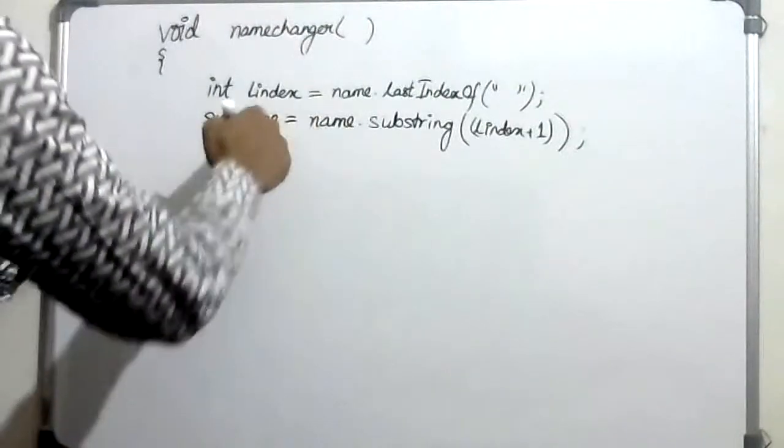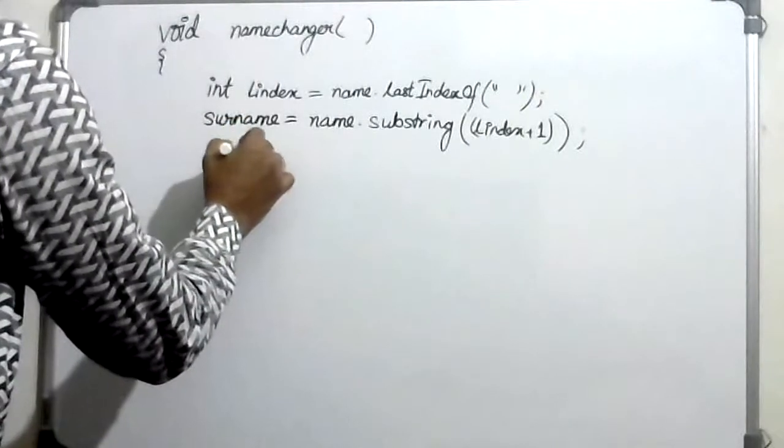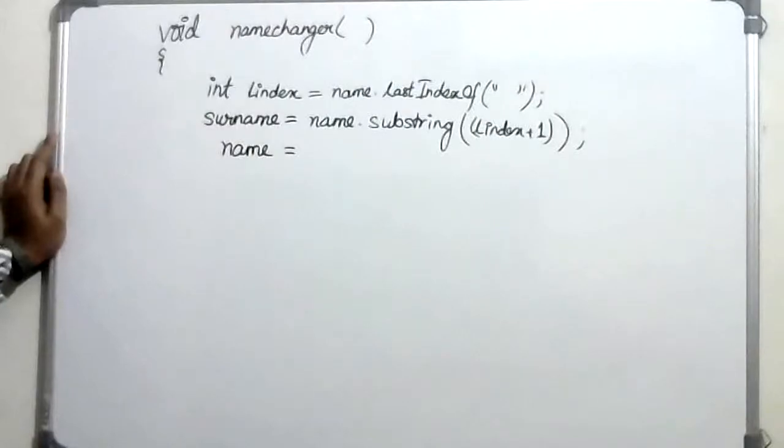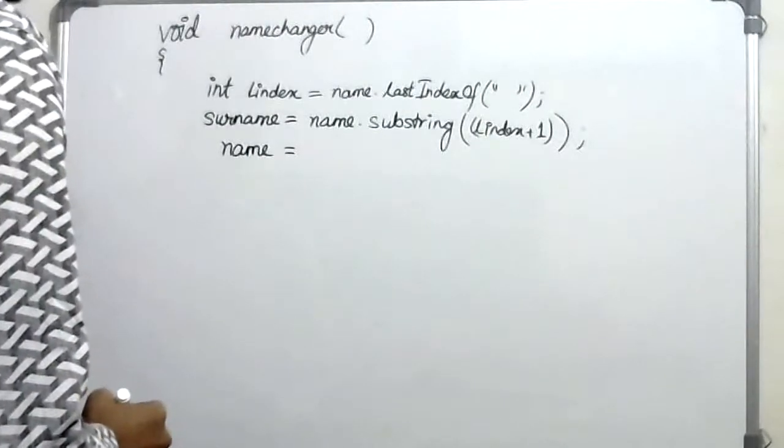Now I'll just modify the value of the name variable so that it does not contain the surname part.